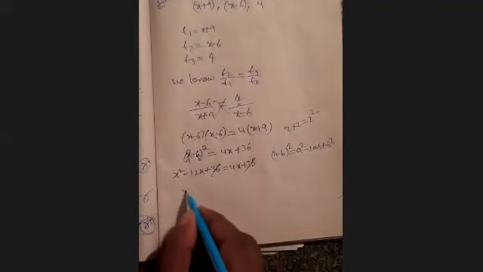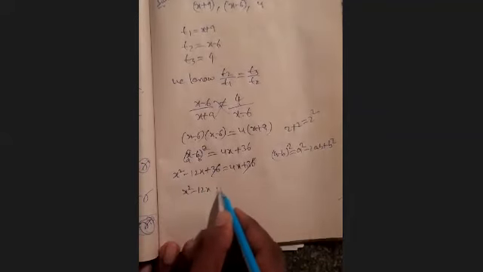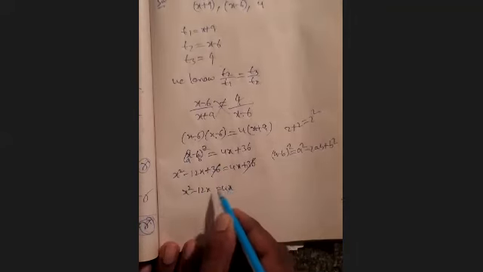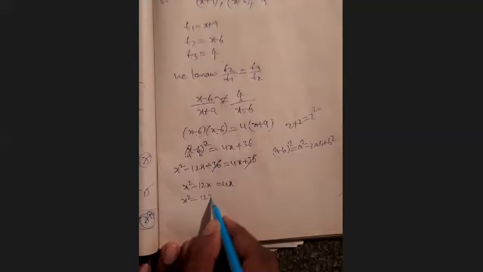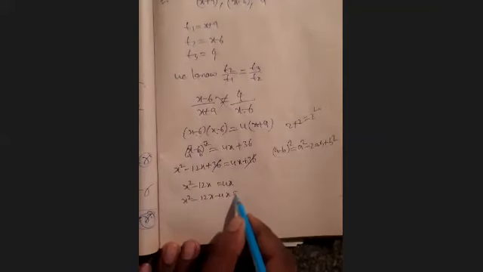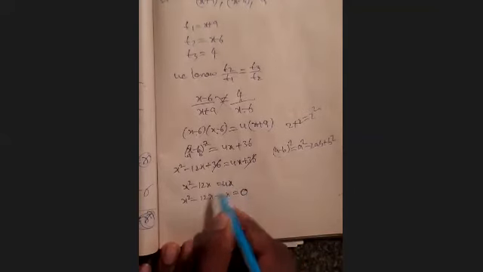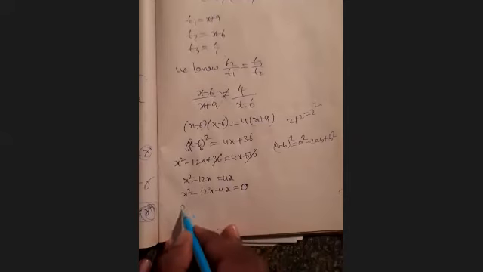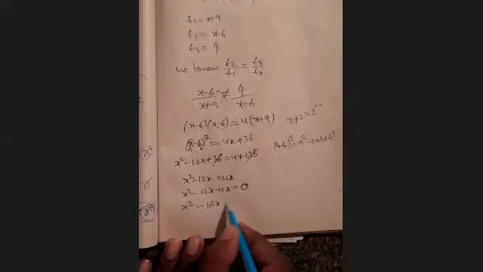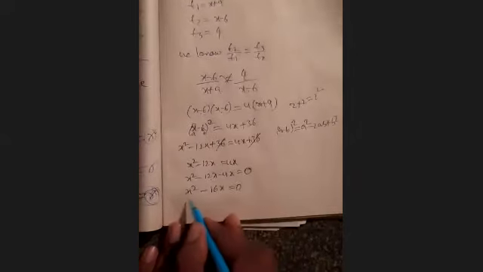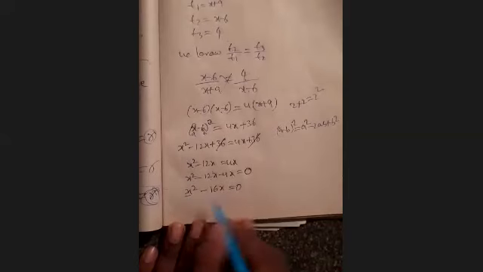Now remaining, x square minus 12x is equal to 4x. Take plus 4x to this side, that will be minus 4x. x square minus 12x minus 4x is equal to 0. Now x square minus 16x is equal to 0. If you observe, here one x term, here one x term, we can take x common.